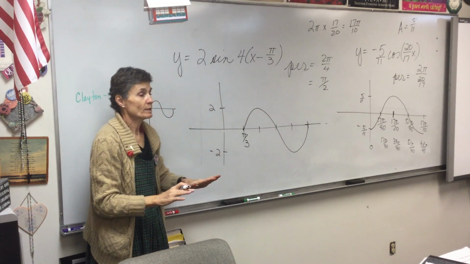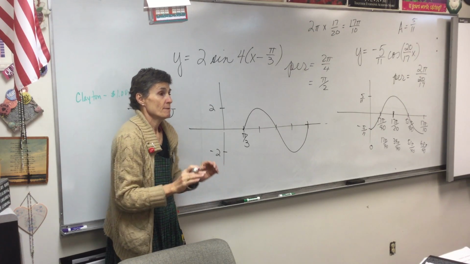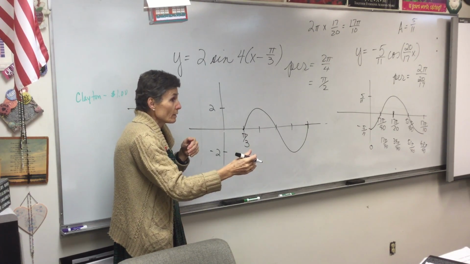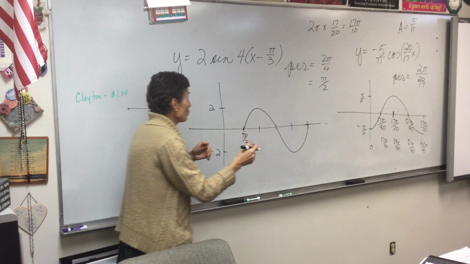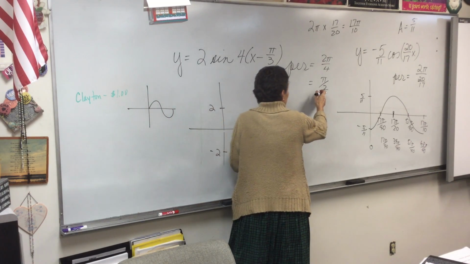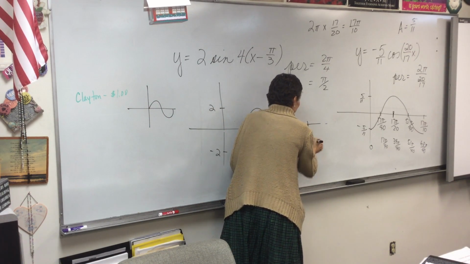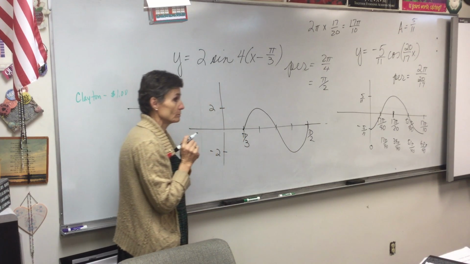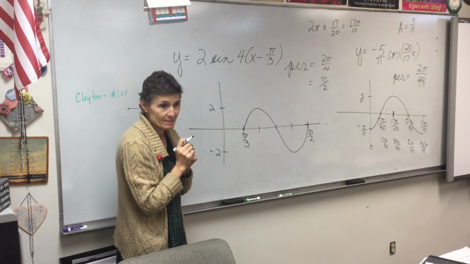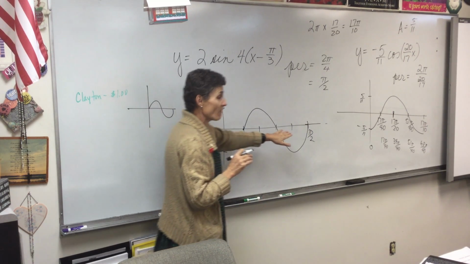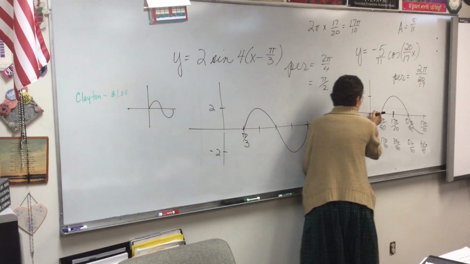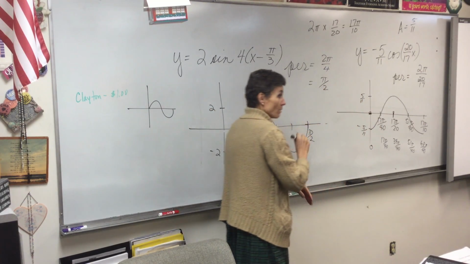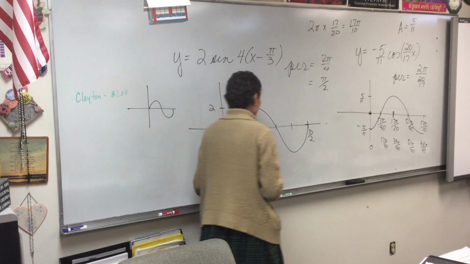Now this is where we need to put the skids on, because I have programmed you, it's totally my fault. I have programmed you to say, oh, the period's pi over 2, so I'll just label that pi over 2. Not this time. That's fine as long as we're starting at 0, right? But I'm not.